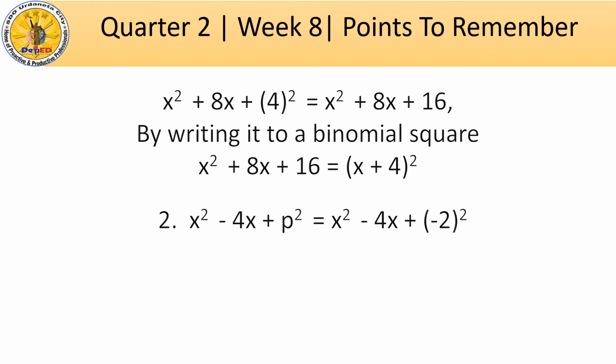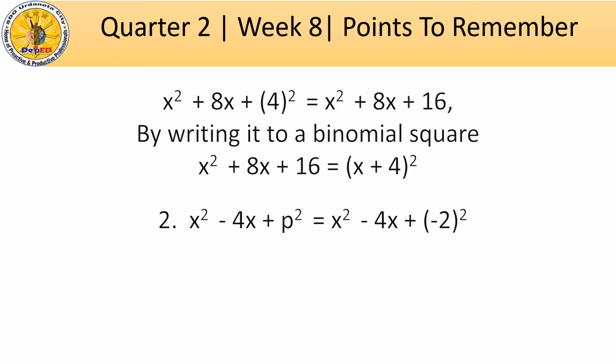Number 2 example, we have x squared minus 4x plus p squared, where p is the unknown. One half of negative 4 is equal to negative 2.